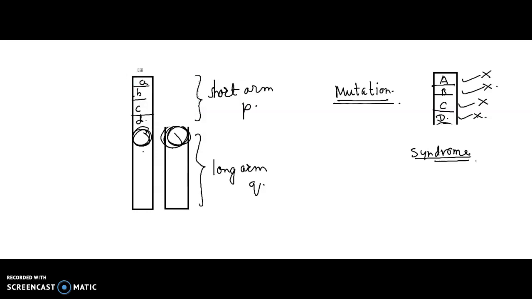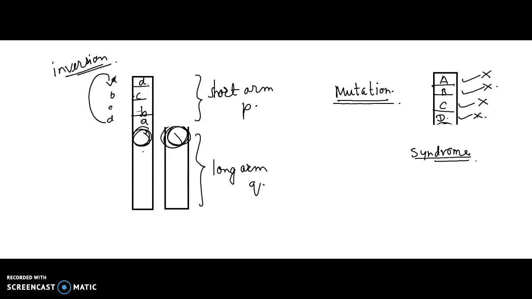If it is completely rotated, the sequence now changes to D, C, B and A instead of the earlier sequence of A, B, C, D. Now you can see that it has been completely inverted. This kind of chromosomal alteration which results in mutation is referred to as inversion.